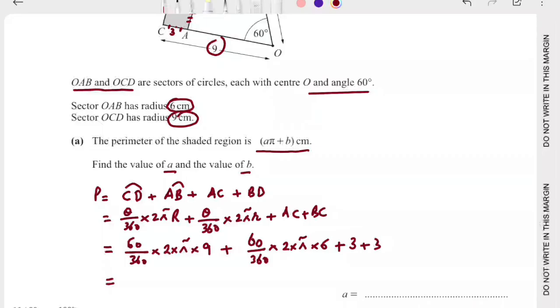One thing we can do is take 60 by 360 times 2 times pi as common. So the remaining values are 9 plus 6 plus 6.